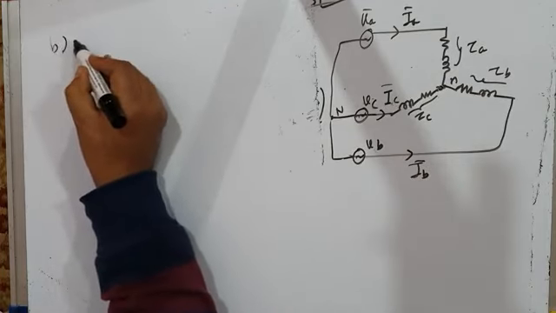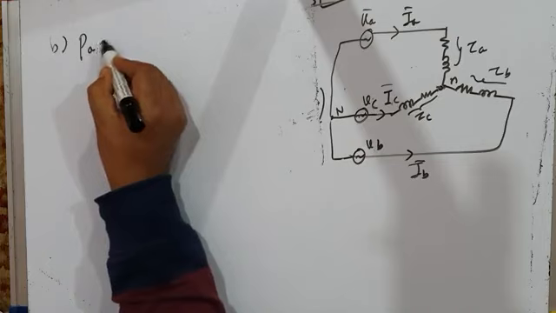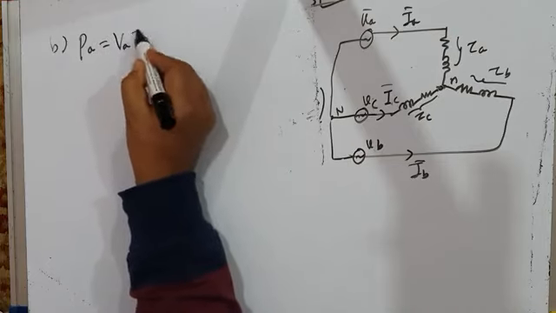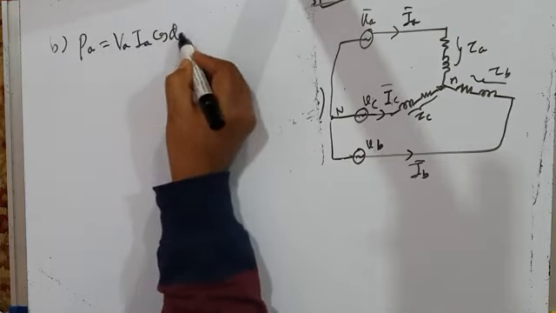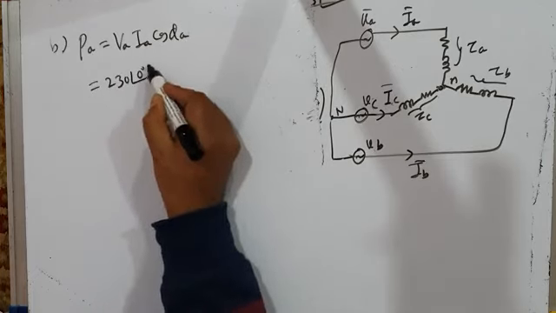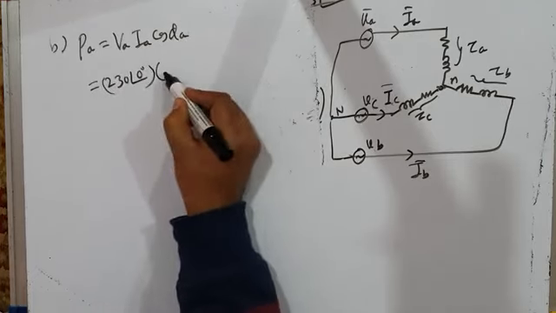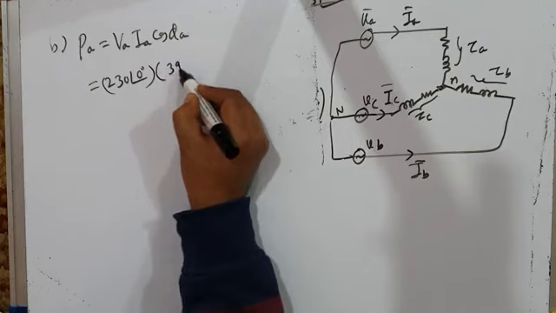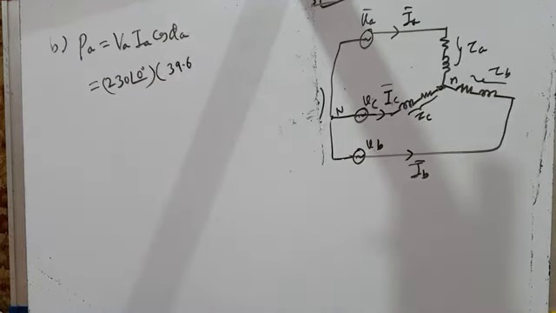What is the active power of phase A? That is VA IA cos phi A. VA is 230 volts at an angle of 0 degrees. IA you calculated a little while ago. How much was IA? 39.63. In fact, you have to put magnitudes only.